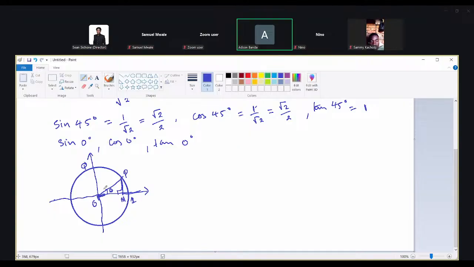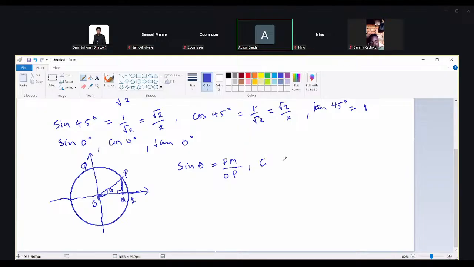So now, you see the following as you are looking at the right-angled triangle OPM. So using the right-angled triangle OPM, we have the following. Sin theta is equal to opposite, which is PM, divided by the hypotenuse, which is OP. So that's what we have.